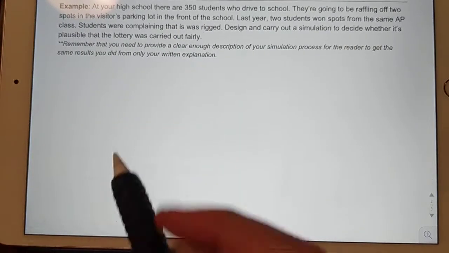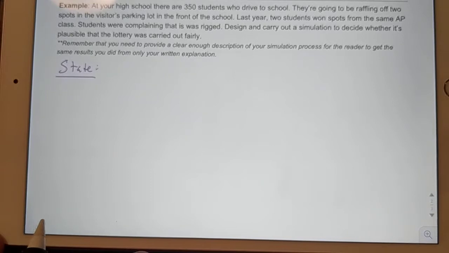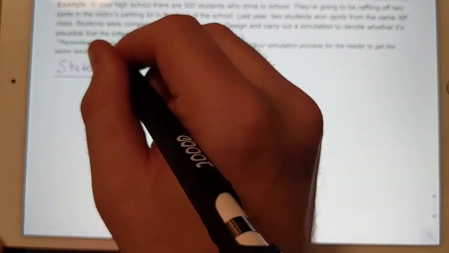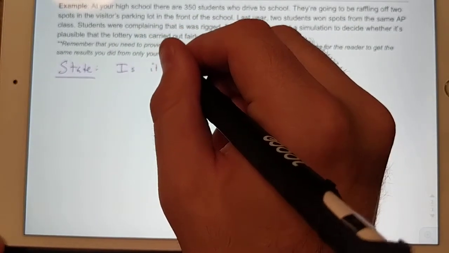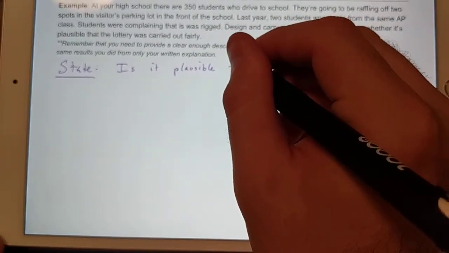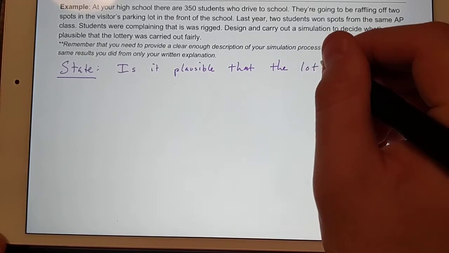So be detailed. So first, state. Ask a question. So, is it plausible that the lottery was rigged?